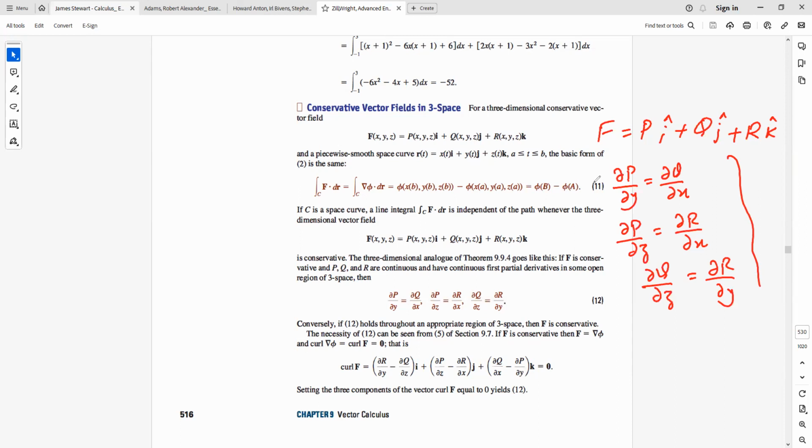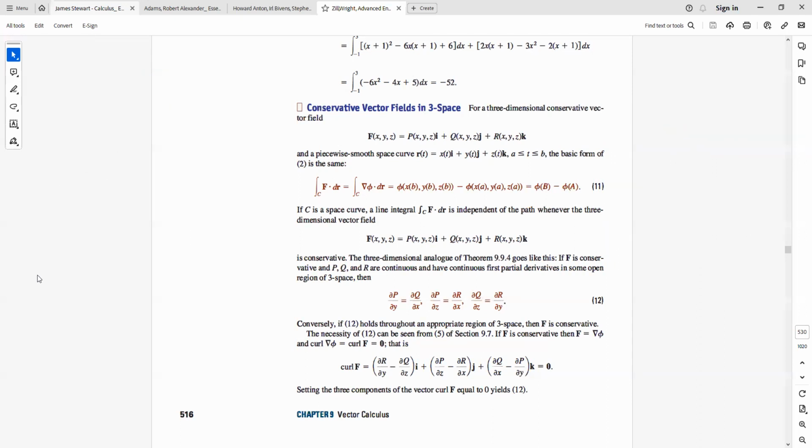So all these three equalities should hold for a field to be conservative in R3. And similarly, we can say that the curl of this vector field should be equal to 0. Therefore, one more way to define a conservative field is that the curl should be 0. So we can say that the field is conservative, right?